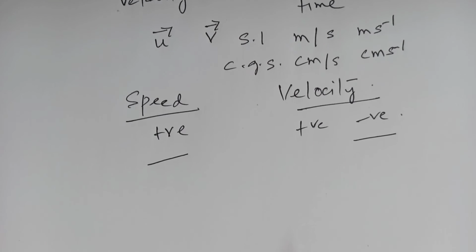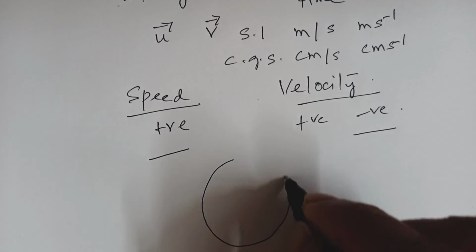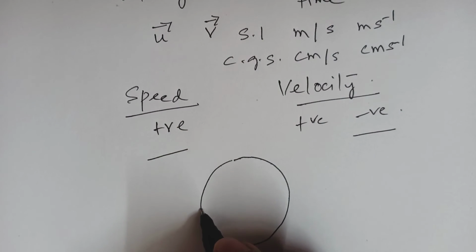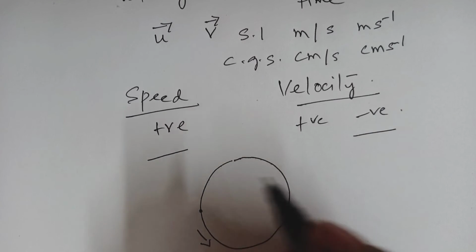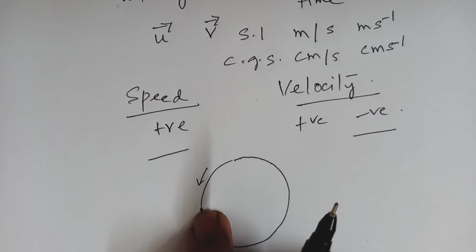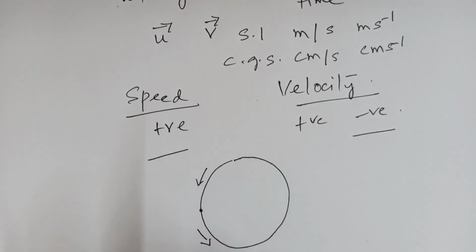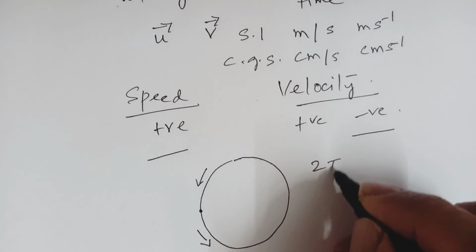Now, another thing is that, say our body is moving along a circular path. This is the initial point of the body moving along this direction, and the final point of the body also coincides with the initial point. In this case, the total distance will be equal to the circumference of the circle, that is equal to 2 pi r.